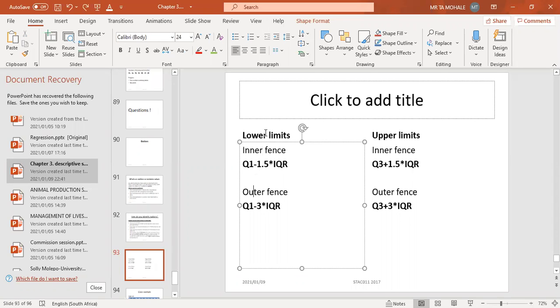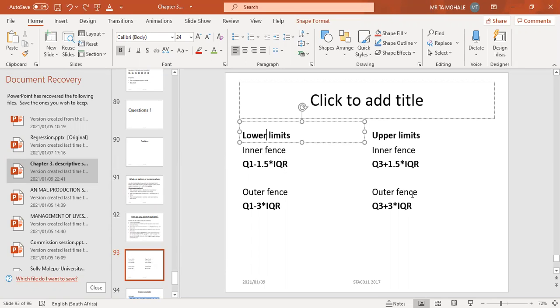When you work with lower fences, we expect to see Q1 minus, because Q1 is the lower quartile. Subtracting means that you lower, you reduce. Therefore, that's why we have Q1 minus for lower fences, right?